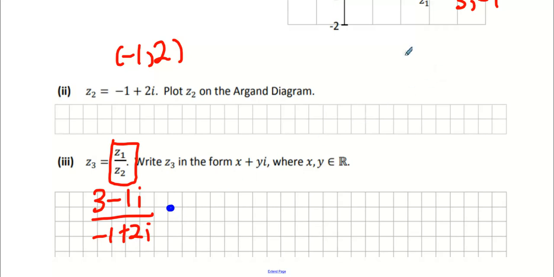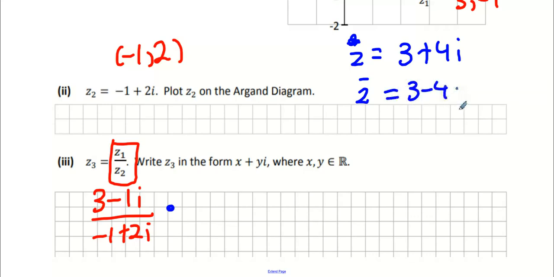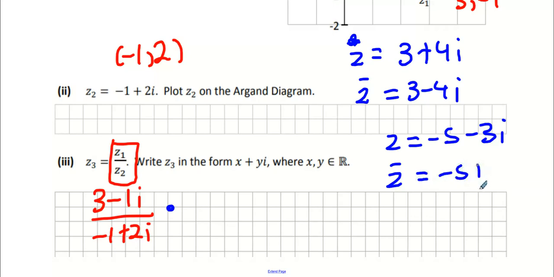So I'll give you an example. If I give you the number 3 plus 4i, you ever see 3 plus 4i? The conjugate is change the sign on the imaginary part. So the conjugate would be 3 minus 4i. If I gave you another number like minus 5 minus 3i, what would be the conjugate of this one? Minus 5 plus 3i.